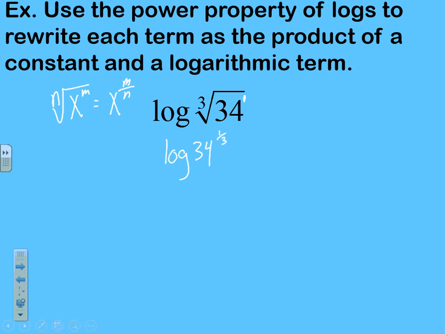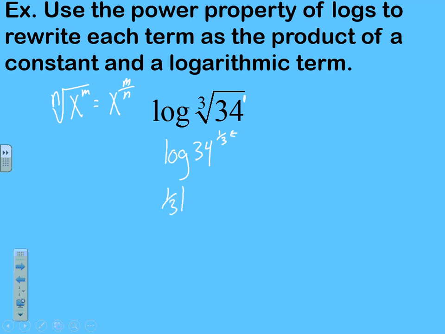Now there's no other logs here, meaning that we didn't have to undo anything that was being multiplied or divided. And so we don't really have anything else to expand here. The only thing that we have left is what the third step of that first screen said, which was, if I have something as an exponent, which I do right here, take it and write it as a coefficient of the log.